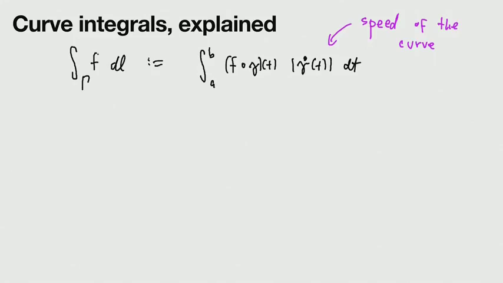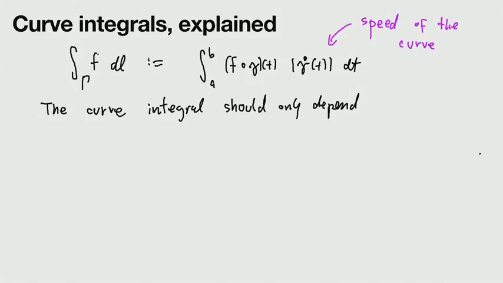The idea is as follows. The curve integral should only depend on big gamma, like the curve in space, but it should not depend on the parameterization t.